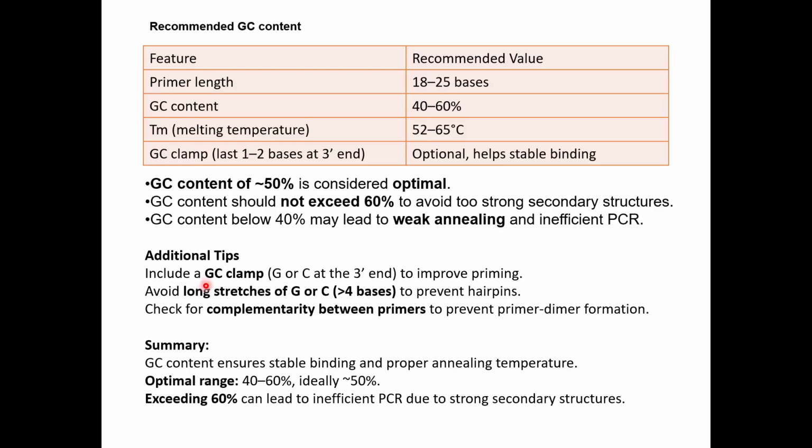Other tips are you can include a GC clamp at the 3 prime end to improve the priming, and avoid long stretches of more than four consecutive GC bases because they can bind to each other and form hairpin structures. So check for complementarity between primers to prevent primer dimer formation. So these are the basic tips for primer designing, which will help in efficient PCR product.